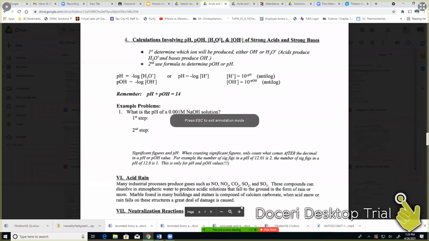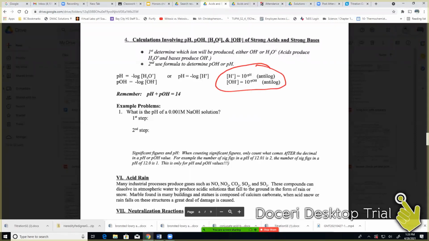You can see once you've done that, then you'll be able to use those formulas to get your two concentrations that you need. Your H plus concentration, you would just take 10 and raise it up to your negative pH. And then your hydroxide, same thing, but you would raise it up to your negative pOH. I don't think we've used those on any examples yet.